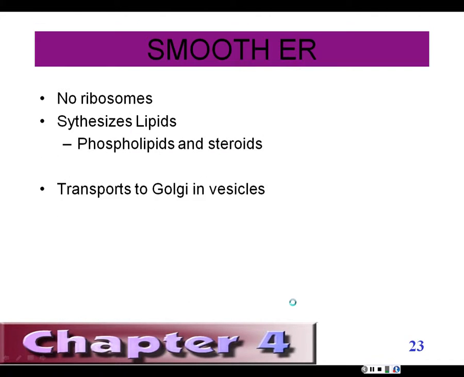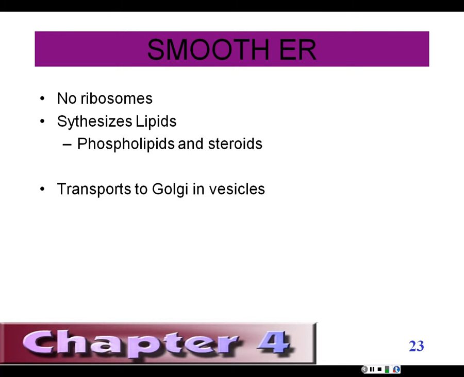Okay. All right. So the smooth ER, and we'll come back and talk about Golgi in a minute. Smooth ER, we said, has no ribosomes, and basically makes the lipids. So we know what kinds of lipids to be thinking of. Phospholipids, for example, steroids, okay?